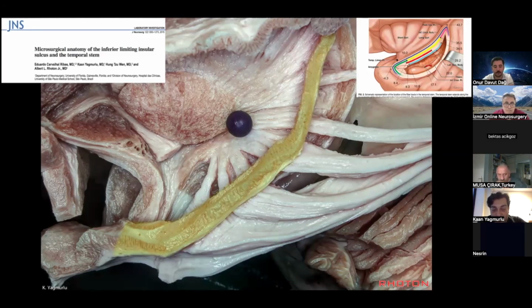Some authors describe the temporal stem as the whole inferior limiting sulcus, all the way here. When I asked Dr. Walton, he preferred the second way. We can call all of the inferior limiting sulcus the temporal stem.